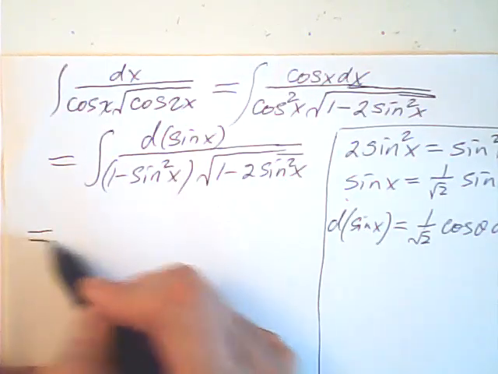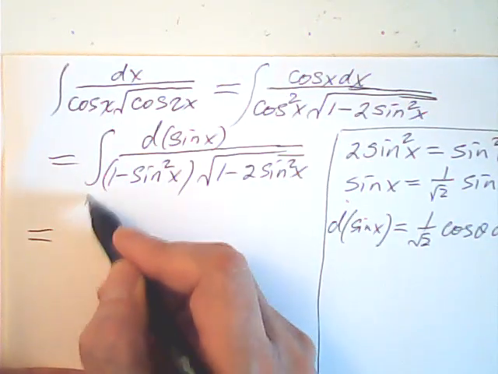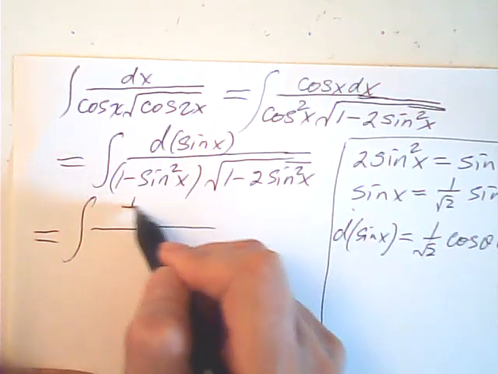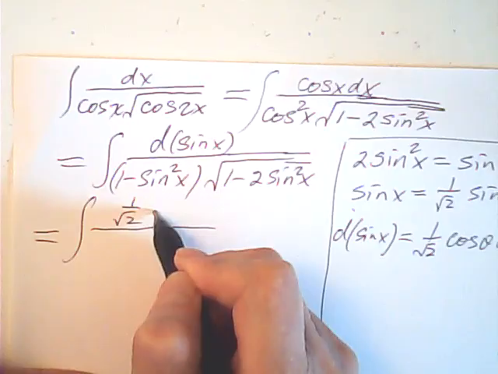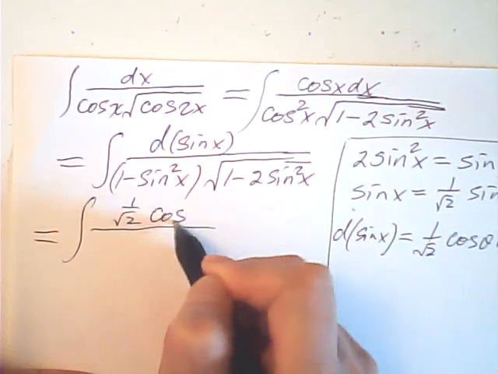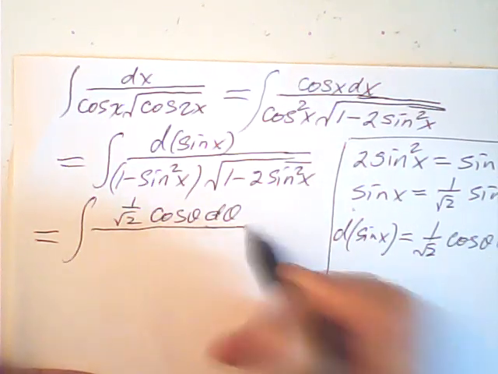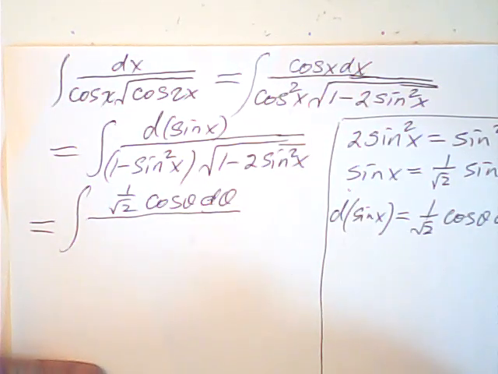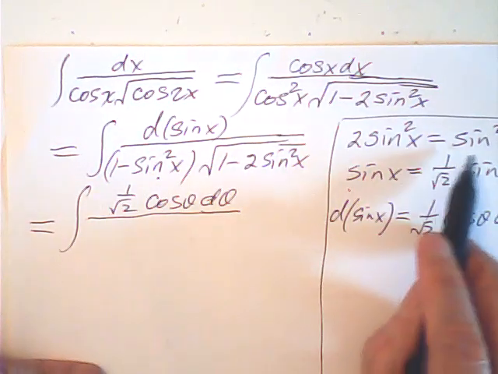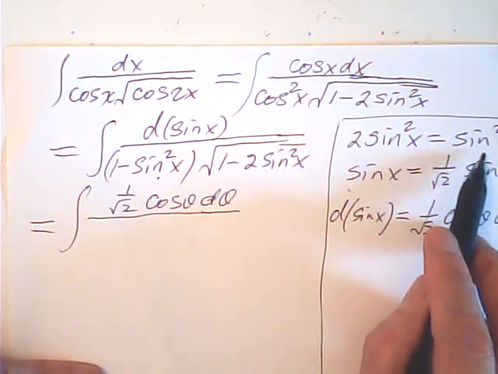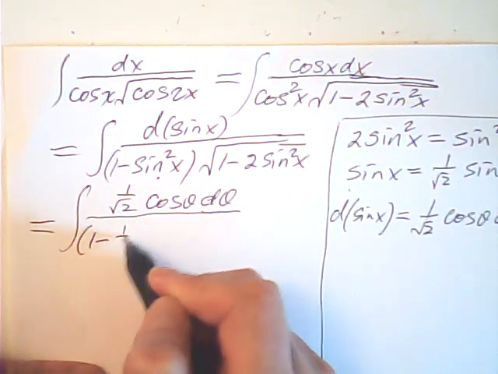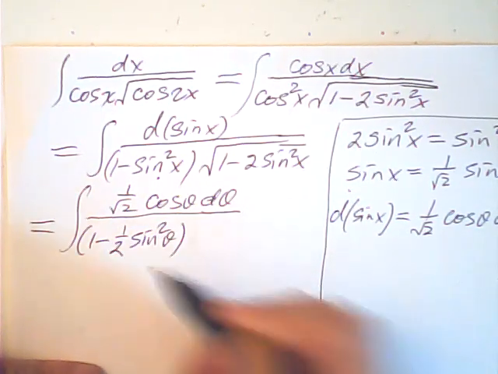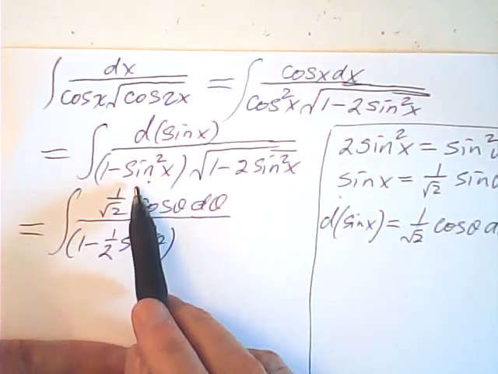Yeah, so the integral has been changed into the numerator 1 over root 2 cosine theta d theta. Sine theta is this, right? Is 1 half. So 1 minus 1 half sine square theta. Yeah, that is this one.